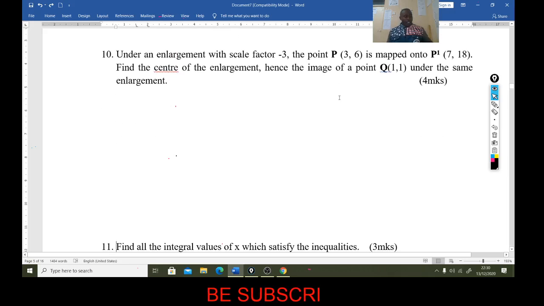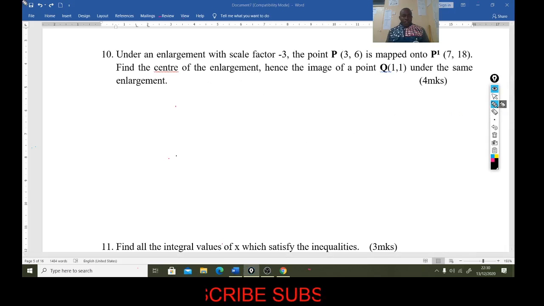Question number 10 is under enlargement. Under an enlargement with scale factor of -3, the point P is mapped onto P prime. Find the center of the enlargement, hence the image of this point under the same enlargement.